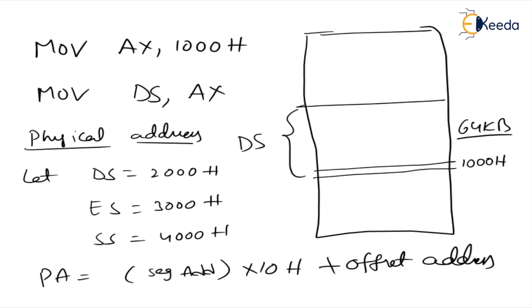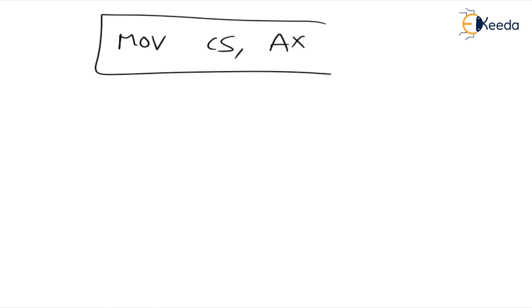Another important point is that we cannot use the code segment, that is move cs comma ax. This is very important. This is also invalid. We cannot transfer the data available in ax into the code segment. Remember, these are the limitations I am telling.